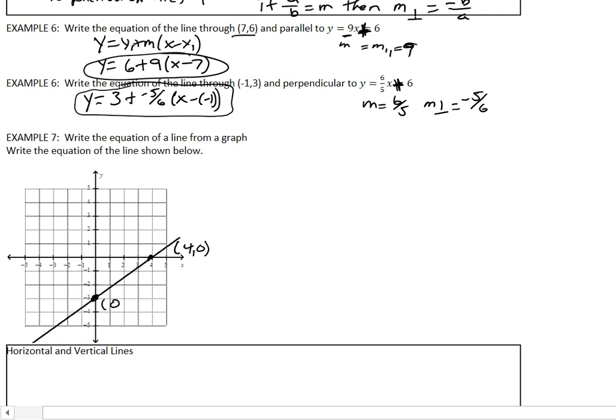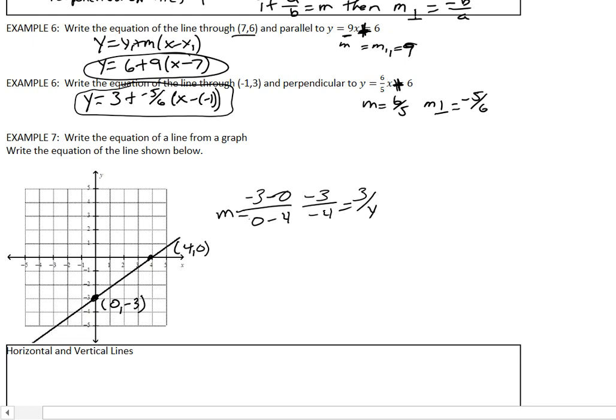We calculated our slope to be -3 minus 0 over 0 minus 4, which was -3 over -4, or just 3 over 4, the negatives canceling. So that's the slope.